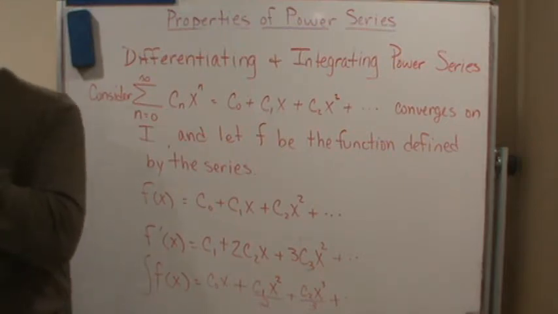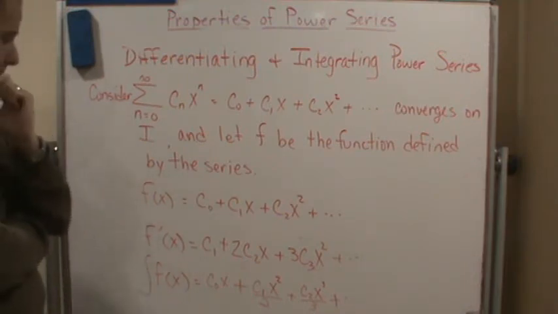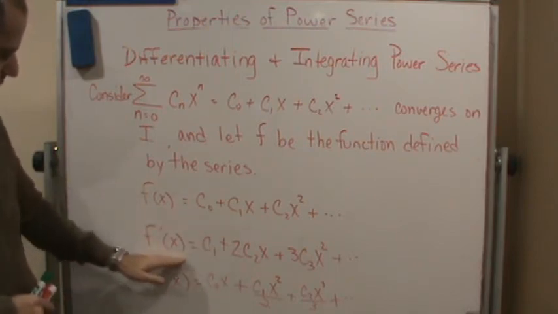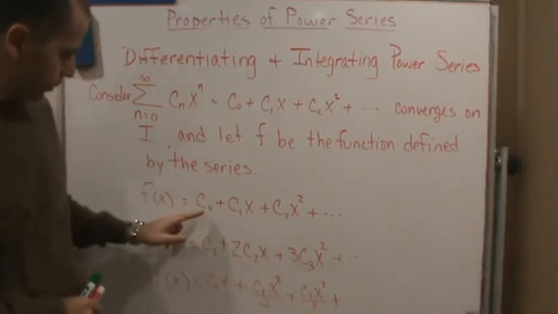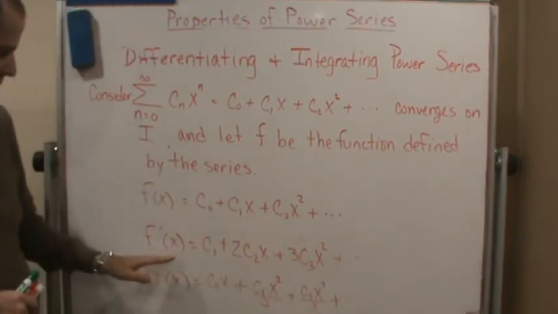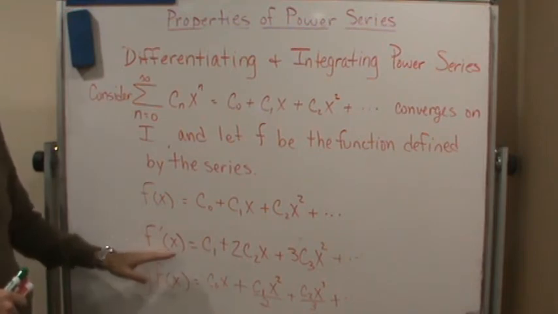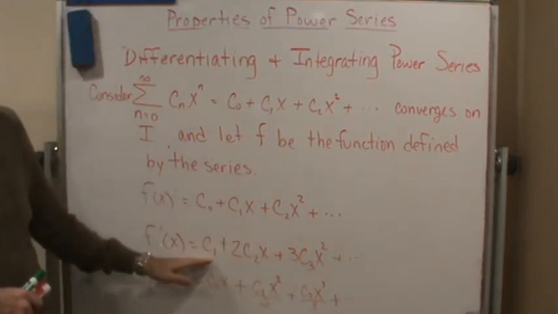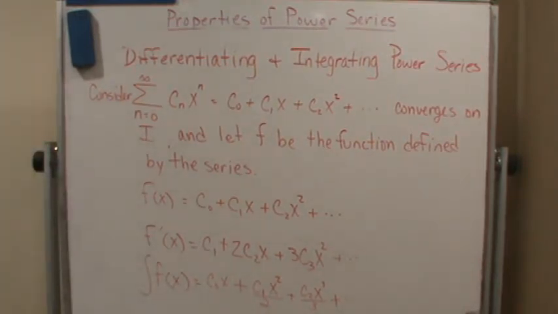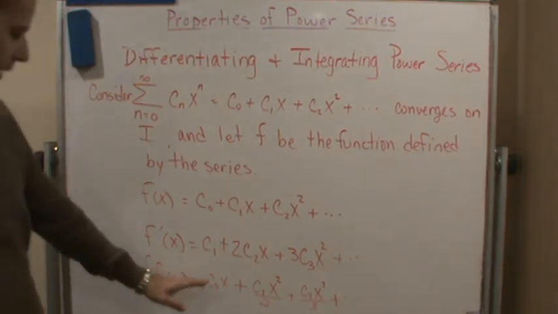So that means we can use this series here, and we can rewrite the derivative as this, where all we're doing is taking the derivative term by term to get the derivative of the function, which gives us another series. And in other words, also when we integrate, we can integrate the series term by term, and thereby get this result.